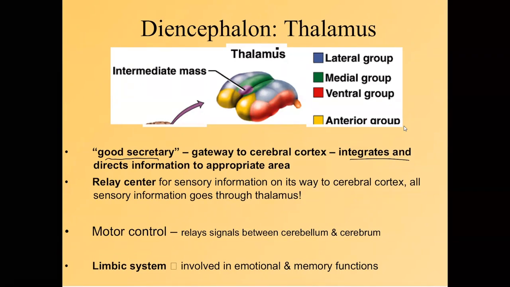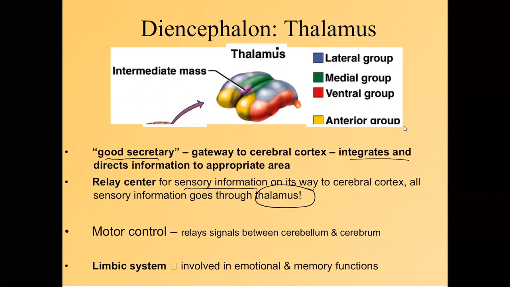All sensory information on the way to the cerebral cortex has to go through the thalamus. The thalamus is going to try to figure out if it can be taken care of, where it needs to be taken care of, and if it even needs to go to the brain.